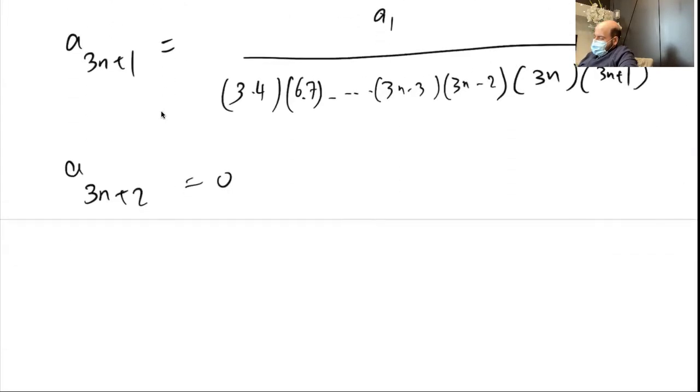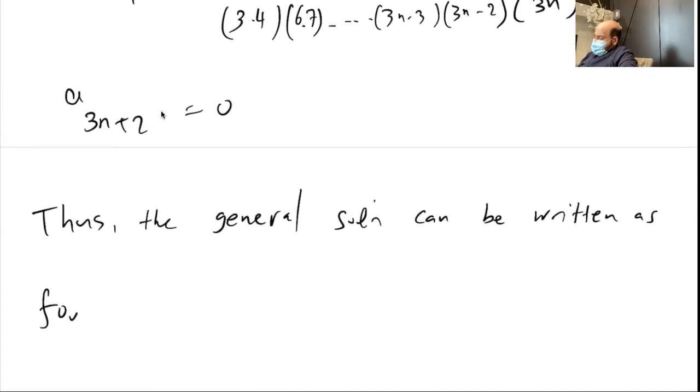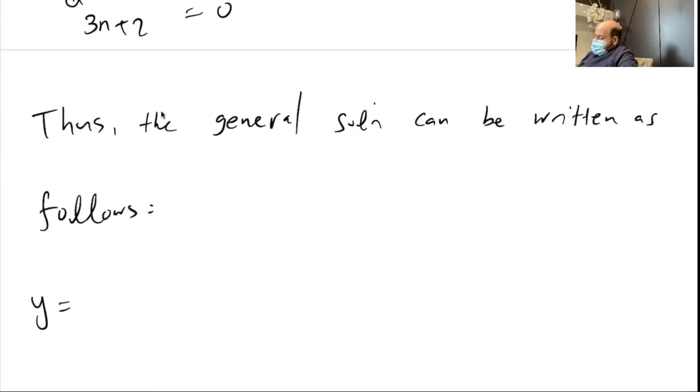So thus, the general solution can be written as follows. We know y is equal to the sum of an x to the power n, from 0 to infinity.